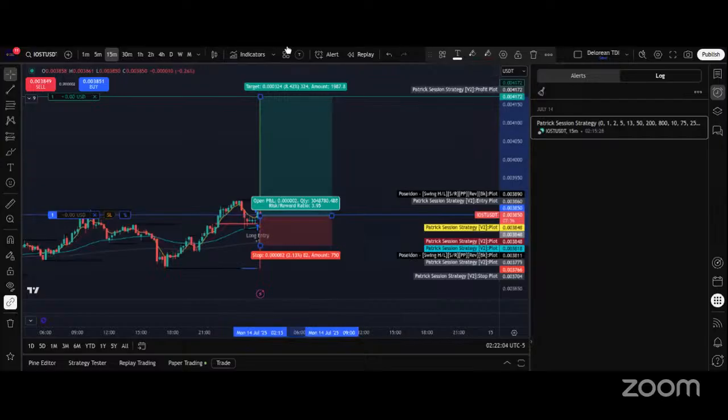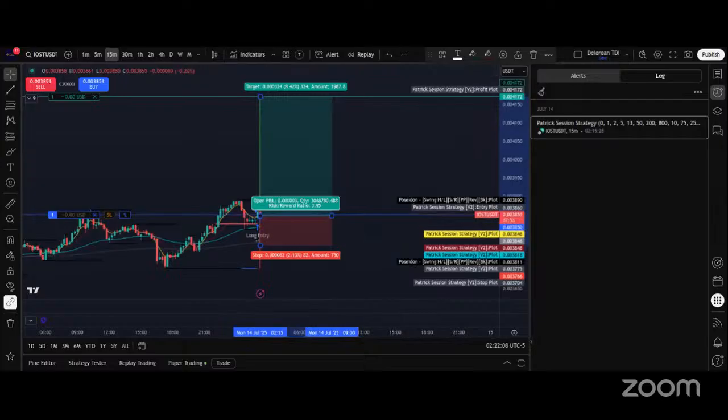Take profit is 0.004172. That's going to be for 324 pips. Stop loss is going to be 0.003766. That's going to be for 82 pips. Entry price is going to be 0.003848.